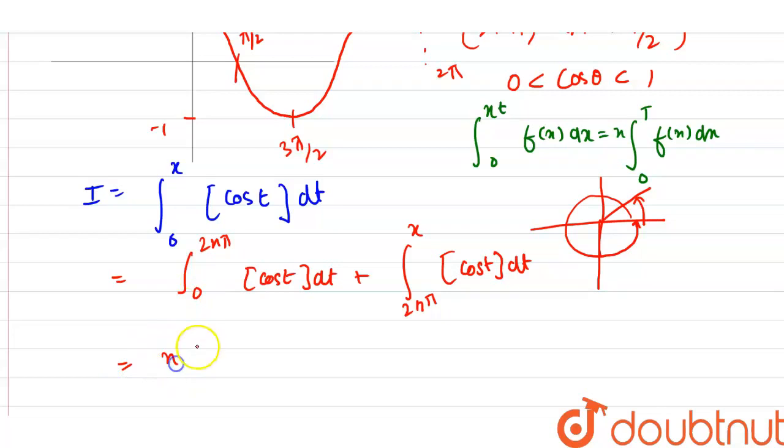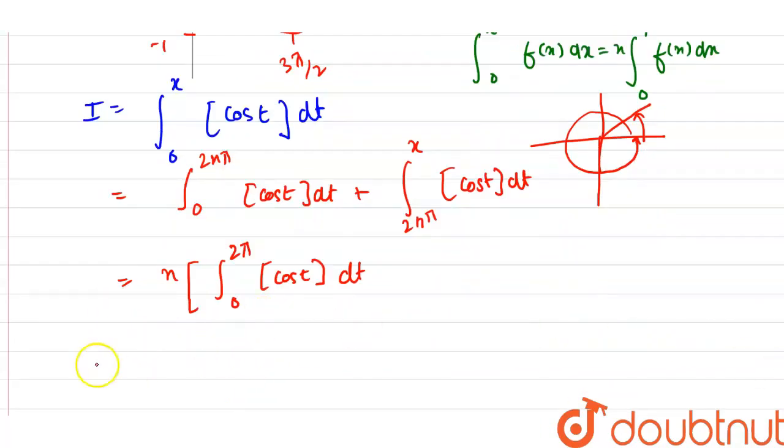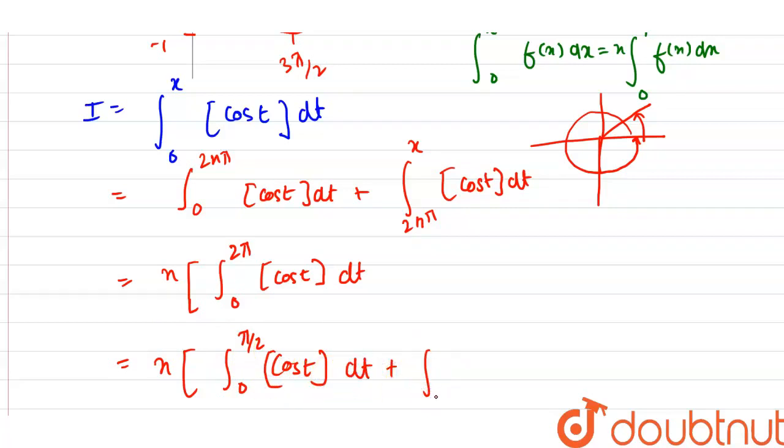So it is going to be n, which we are taking outside, integration 0 to 2π of cos t dt. We have to further separate this. So now n times the integration from 0 to π/2 of cos t dt, plus we are separating it again, from π/2 to 3π/2 of cos t dt, right student?